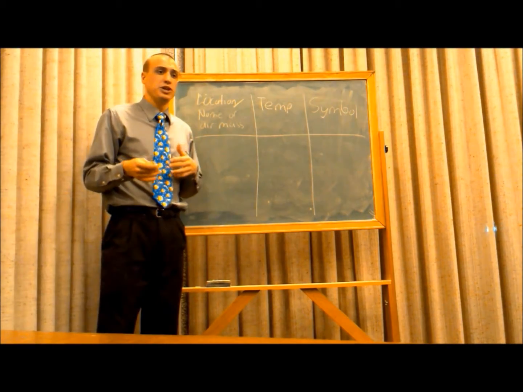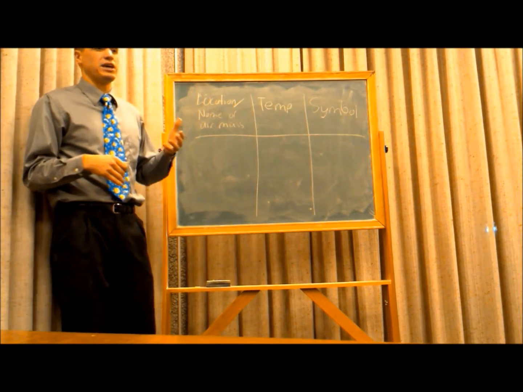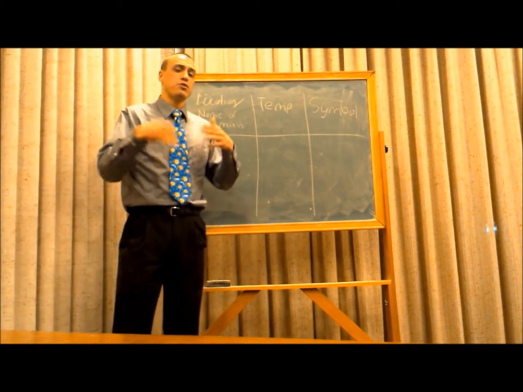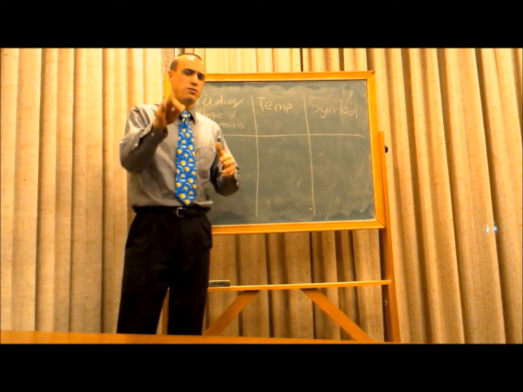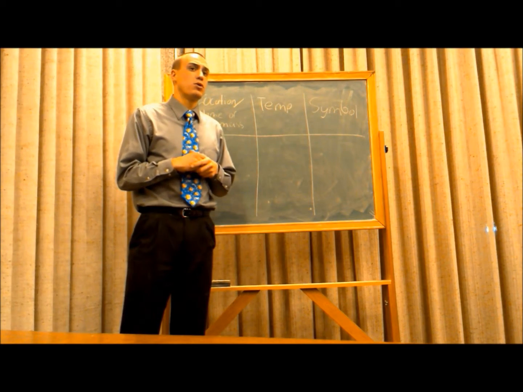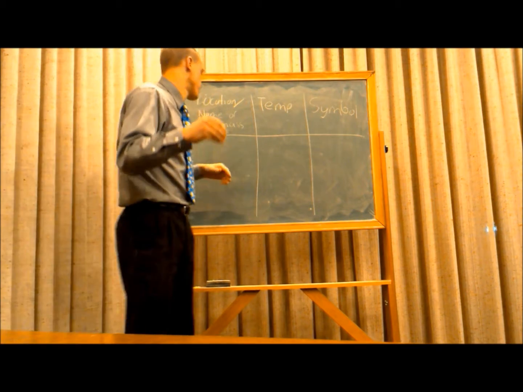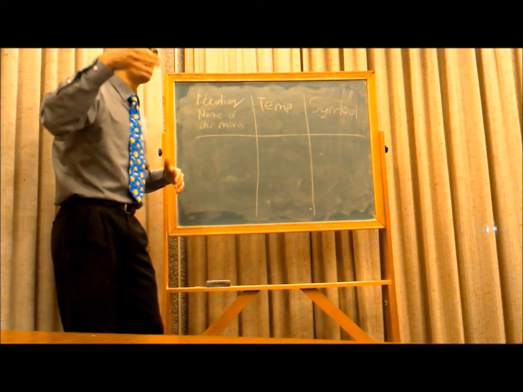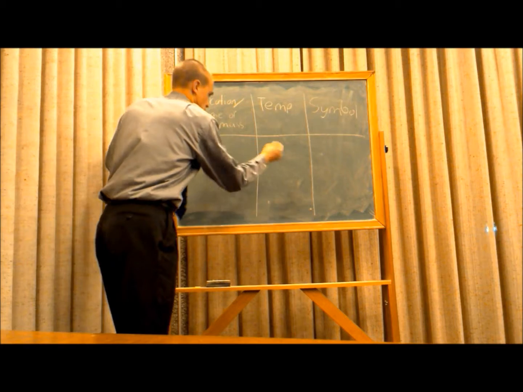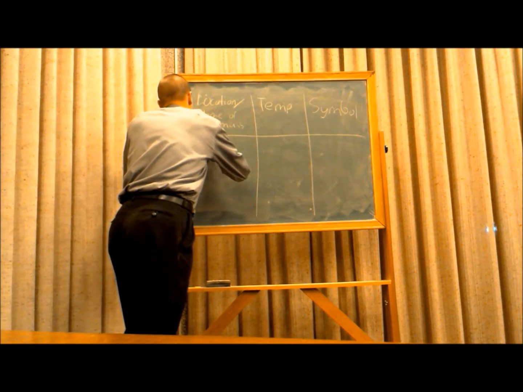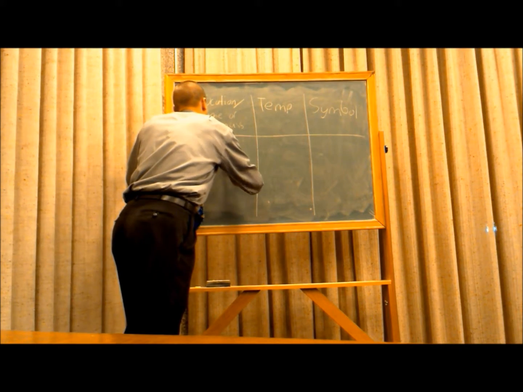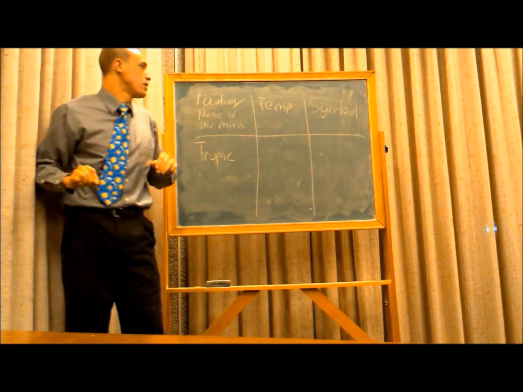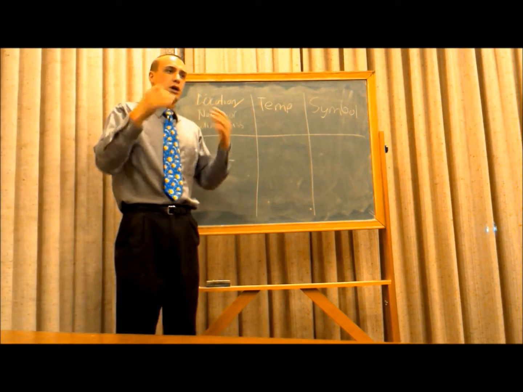The first of which is a tropic region, the second is a polar region, and the third is the Arctic region. Let's first talk about an air mass that occurs in a tropical region. So the location or name of air mass is a tropical or tropic. Now, think of a tropical environment.